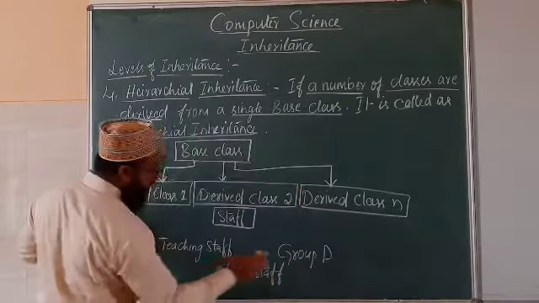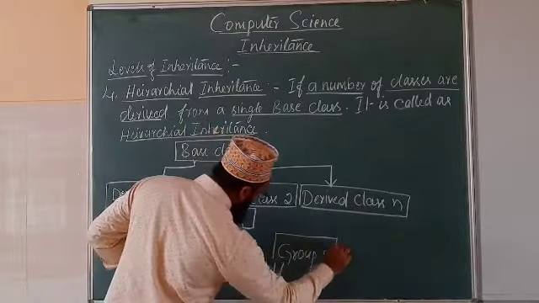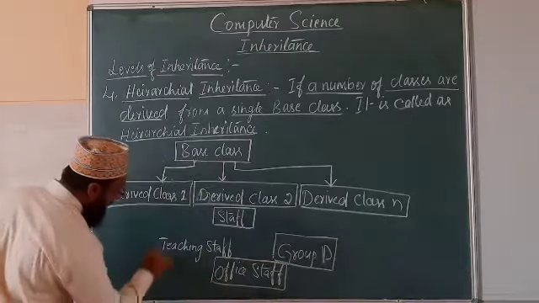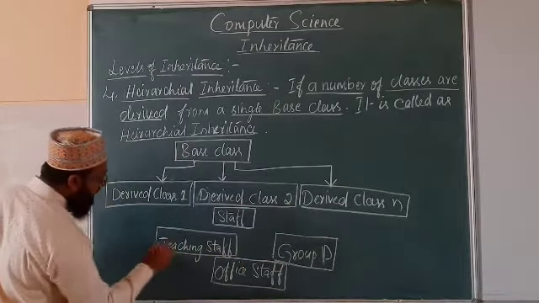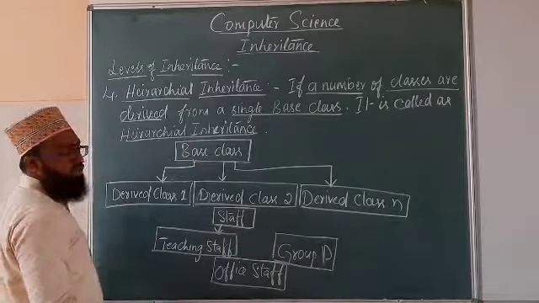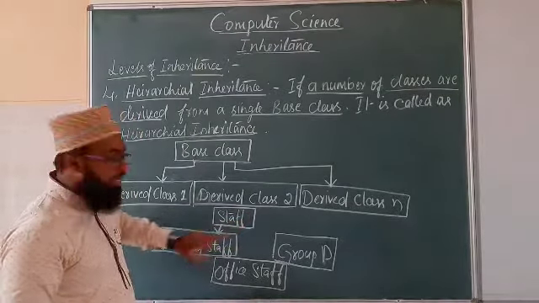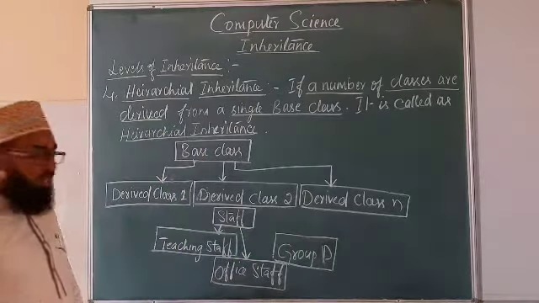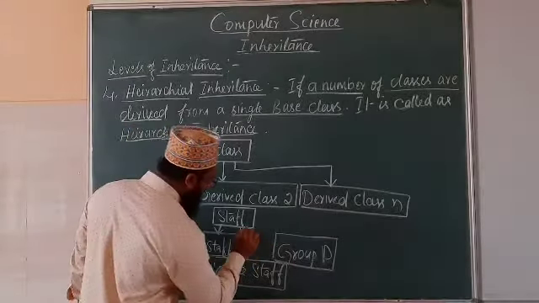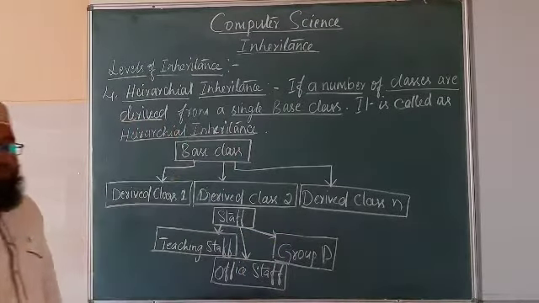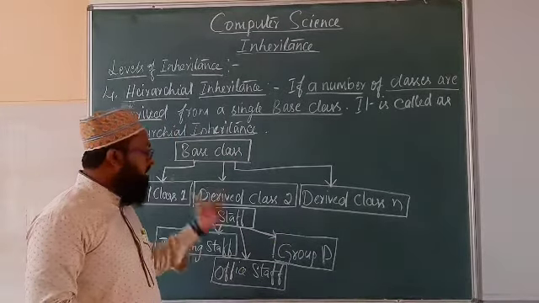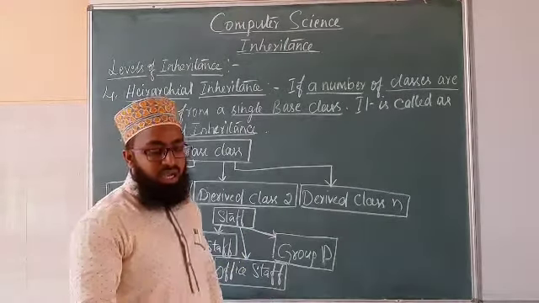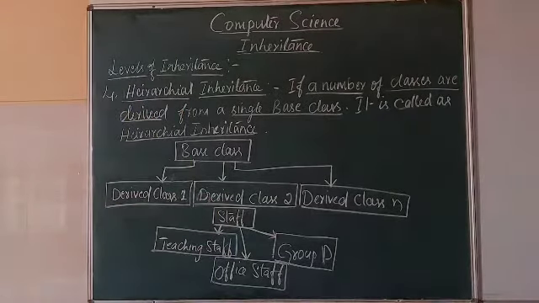So these three are the derived classes from a single base class. Staff is a base class. Teaching staff is one derived class, office staff is one more derived class, and group D is one more derived class from the staff base class. This type of inheritance is called hierarchical inheritance.